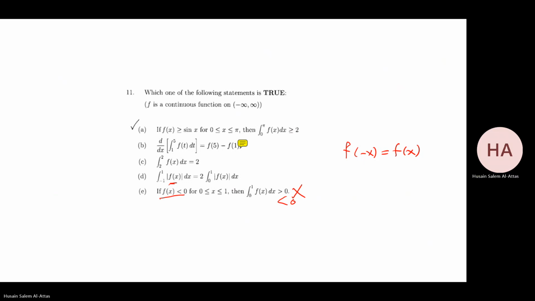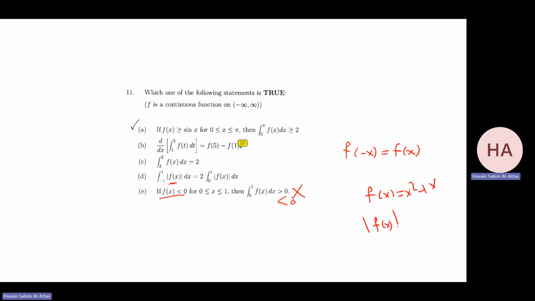For example, if we take the absolute value of x squared plus x, yeah, this is not even. If we take f of x, it can be f of x squared plus x.